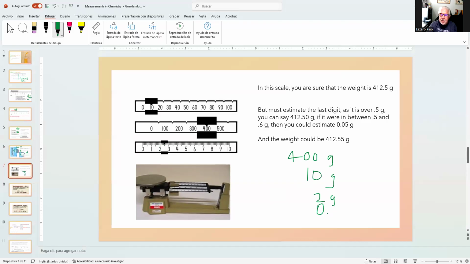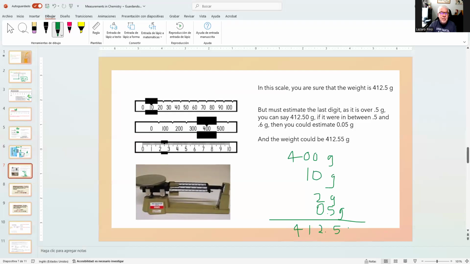You can see that is 0.5 more grams. If you add everything, you will see that the answer is 112.5 grams. But is this your answer?